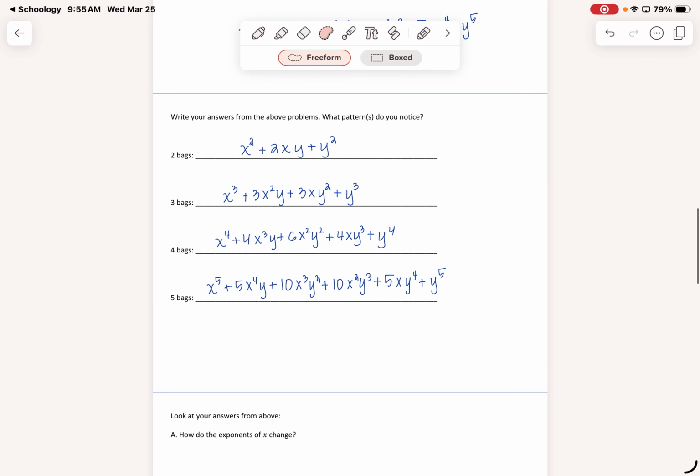Okay, so it says look at our answers from above. So let's look for patterns here. How do the exponents of x change? Let's get a highlighter color out. I'll use yellow. If you look at the exponents on x, this is a 2, this is a 1, and there's 0 here. 3, 2, 1, 0. 4, 3, 2, 1, 0. 5, 4, 3, 2, 1, 0, right?